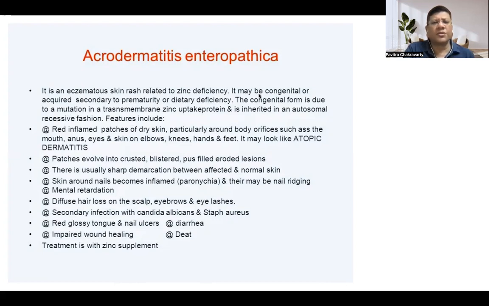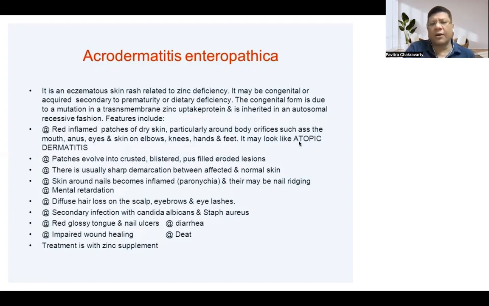As I said, there are two types: I was aware only of the dietary deficiency, but there is congenital or acquired, which is secondary to prematurity or diet. The congenital is due to mutation in transmembrane zinc uptake, autosomal recessive, because that's what might come up. So you get red inflamed patches of dry skin around orifices, which I just mentioned: mouth, eyes, and around the anus. The perianal you must have seen, skin on elbows, knees, hands, and feet. So be prepared that in the exam you will get a lot of pictures like this.